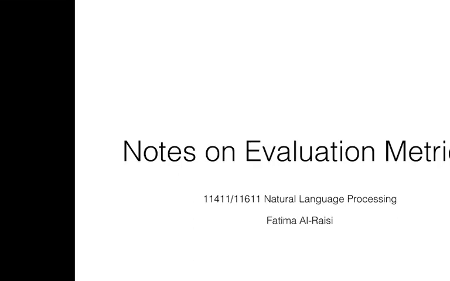So these are some notes that the lead TA, Fatima, put together on evaluation metrics that should be relevant to the homeworks, because we're going to be using these kinds of evaluation metrics to evaluate your performance in the class.